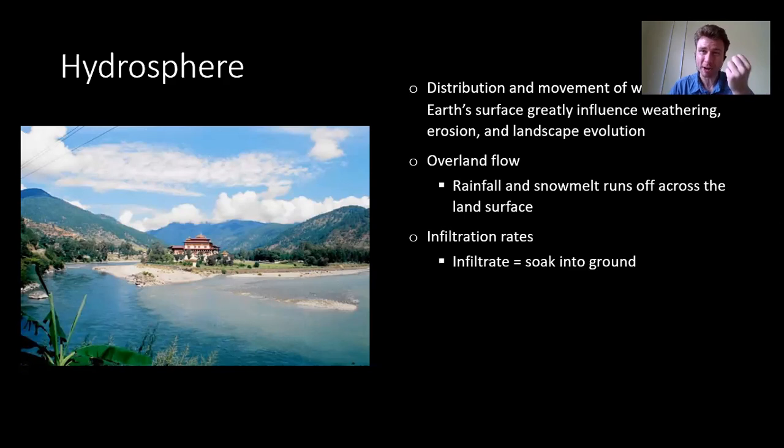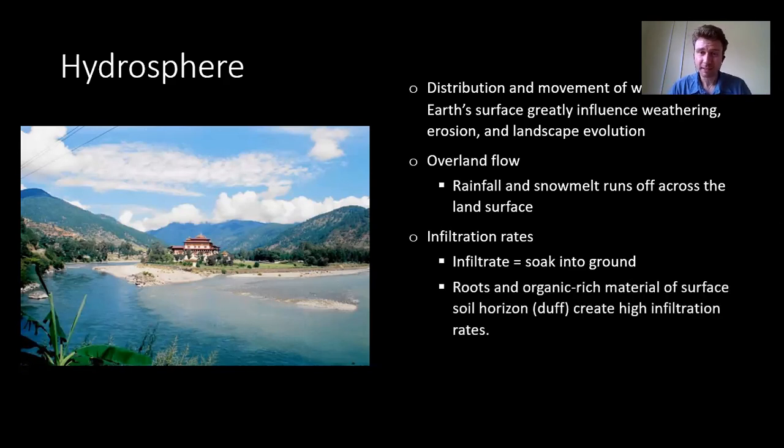Being that how does water actually soak into the ground, and what controls that? And how does that infiltration rate influence other portions of our landscape, like roots, organic rich material on surface, creating high infiltration rates, and then different rock structures and fabrics allowing for shallow subsurface flow and regolith in soil materials.